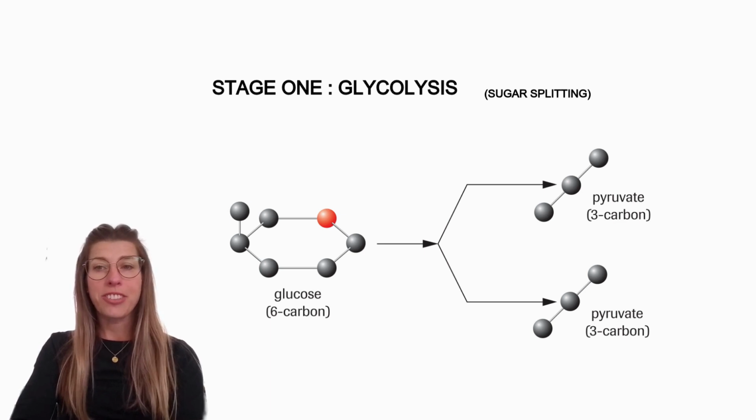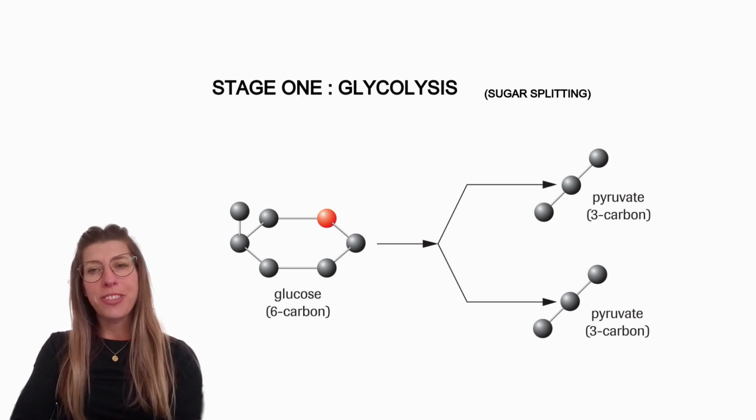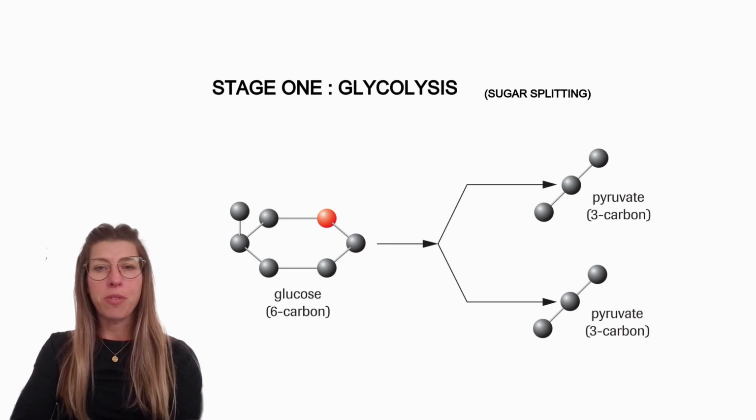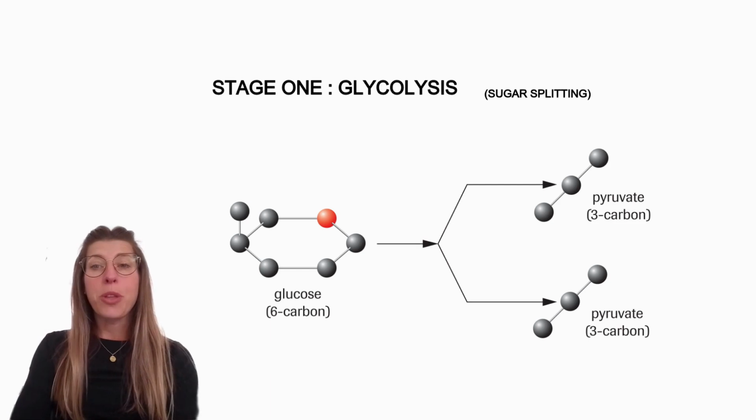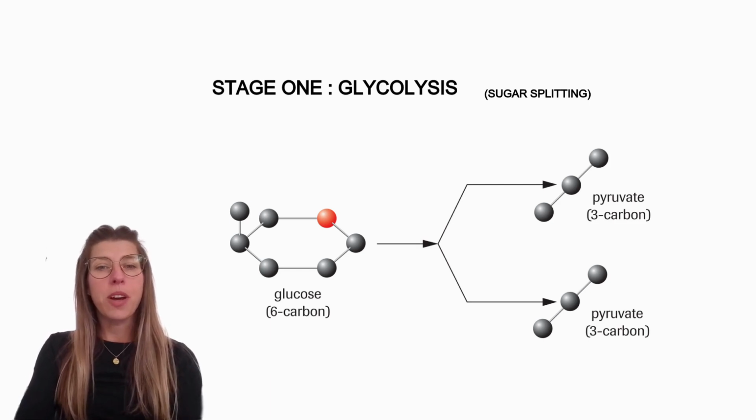Now, of course, scientists need to make everything complicated. Pyruvate is essentially half of the glucose molecule. Glucose has 6 carbons. Pyruvate is half of it. It has 3 carbons. So I guess you could think of it as a pirate stealing half of a glucose molecule. So it's called pyruvate.